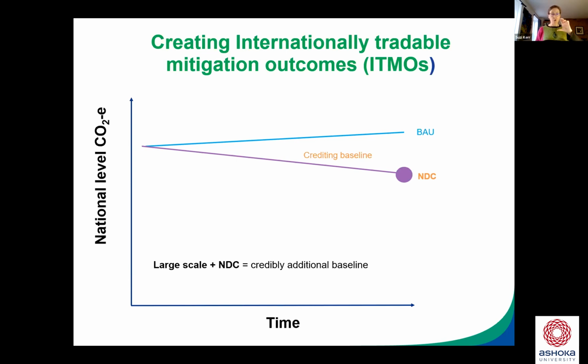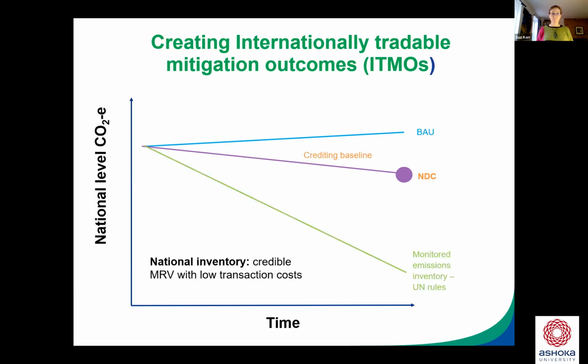Because you could draw uncertainty bands around both of those, around that BAU line, and you want to be confident that you will be below those. And of course, there can be changes in economic growth, changes in commodity prices, new technologies. The BAU has potentially quite wide uncertainty bands.